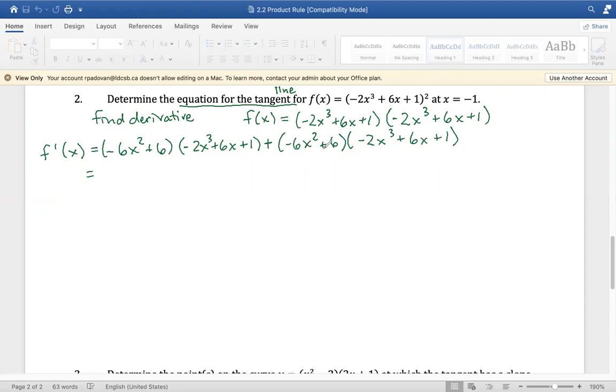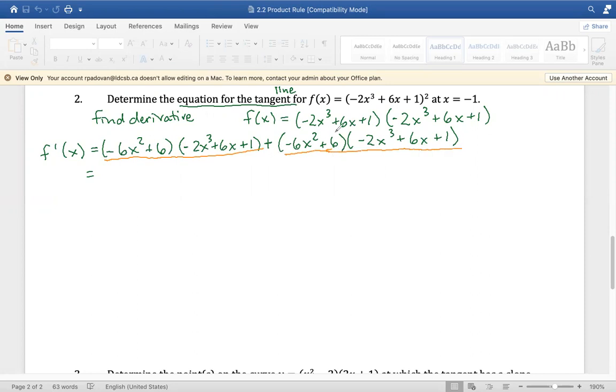Now if I were to look at these, because to simplify, I have negative 6x squared plus 6 multiplied by negative 2x cubed plus 6x plus 1. There's two of the exact same thing here.